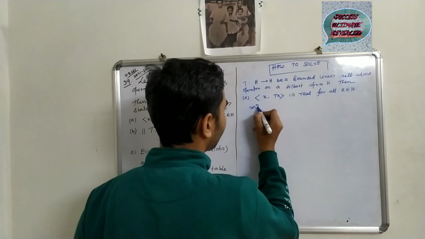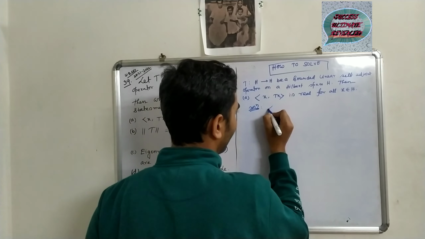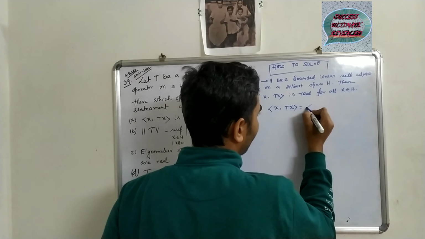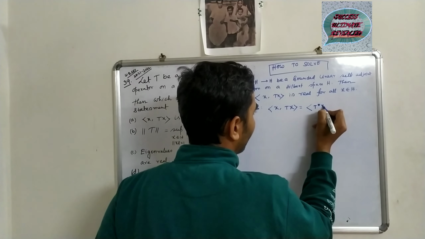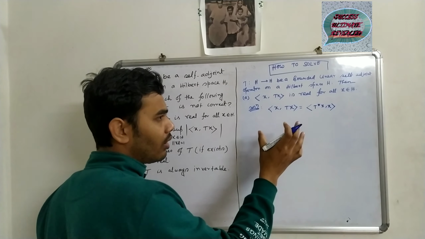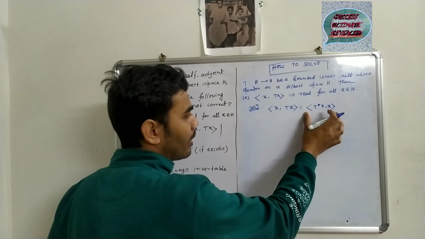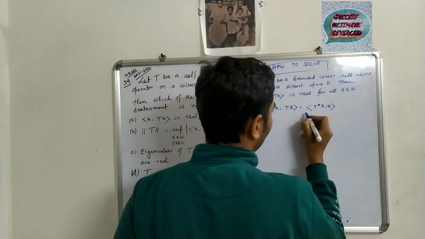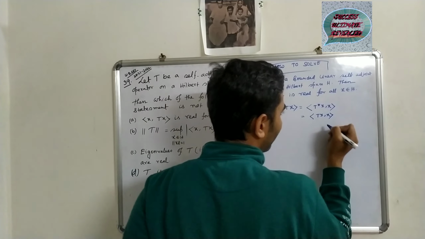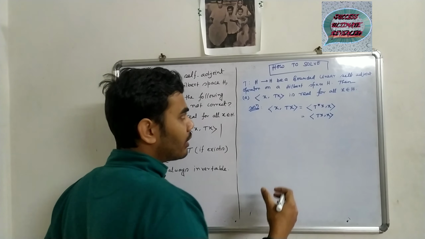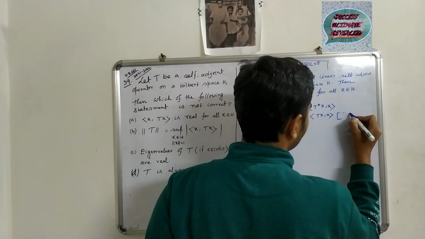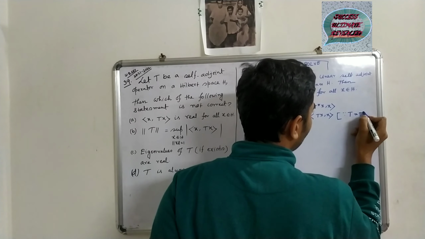Solution. First I take the inner product of x and Tx, and this is equal to the inner product of T star x and x by the property of the adjoint operator. This is equal to the inner product of Tx and x, because T is a self-adjoint bounded linear operator, so T equals T star.